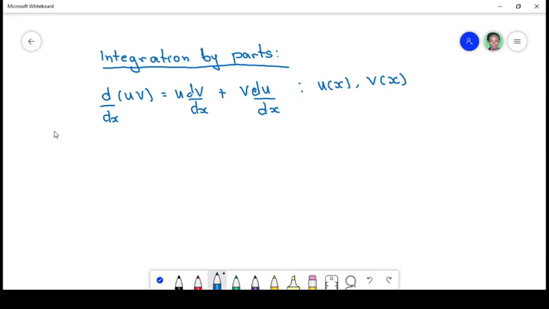So let's integrate throughout with respect to x.